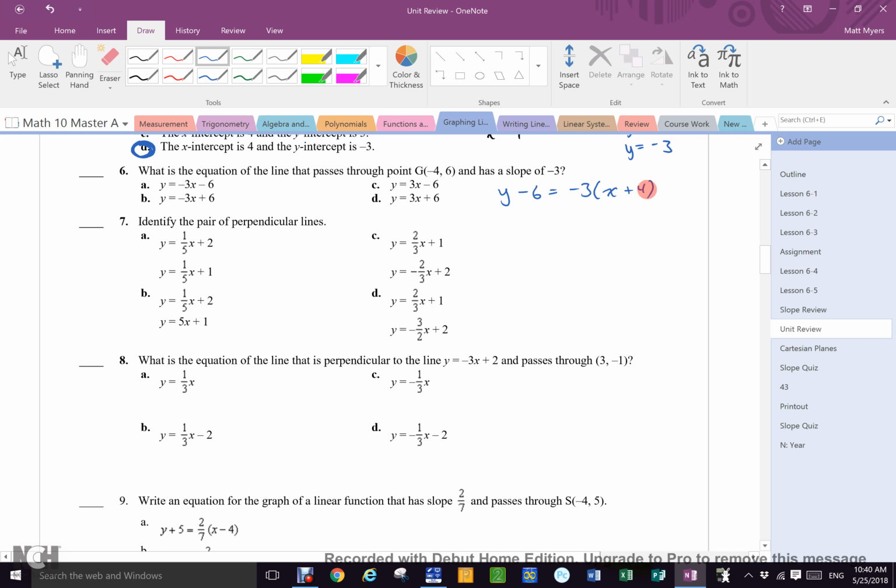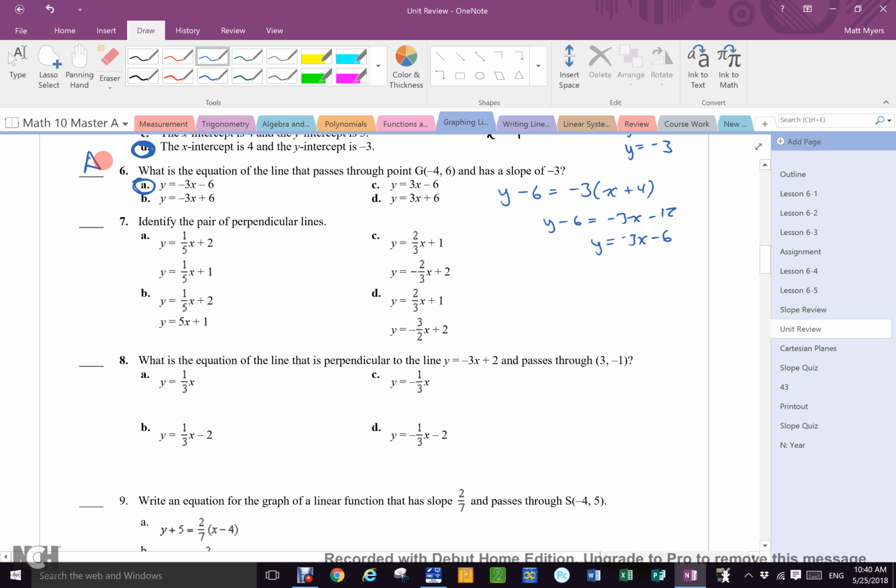That's the equation, right? But all those are in what form? Slope intercept. So I got to change this, don't I? Get rid of the brackets, get y by itself. Y minus 6 equals negative 3x minus 12. Bring the 6 over. Y equals negative 3x minus 6. A.